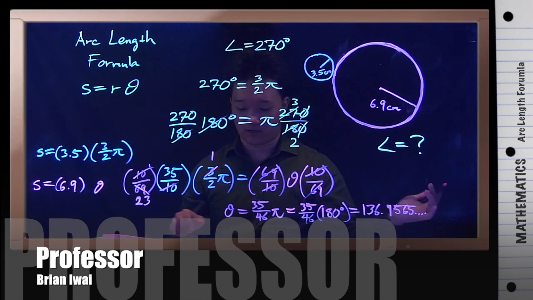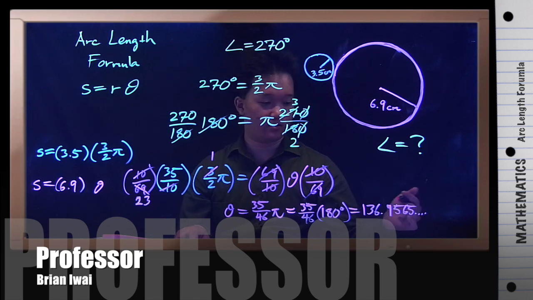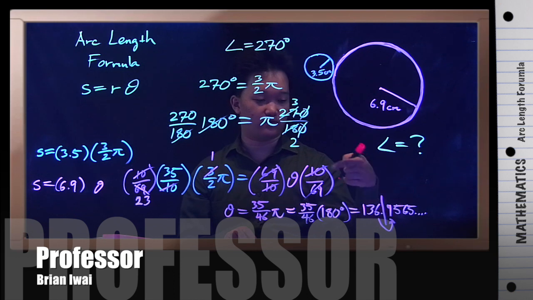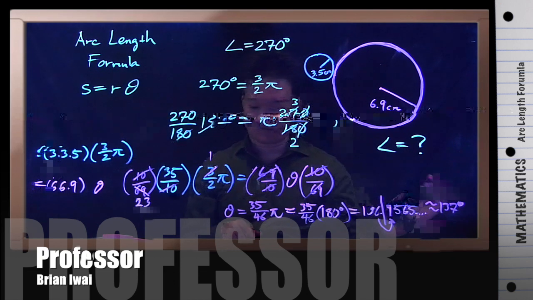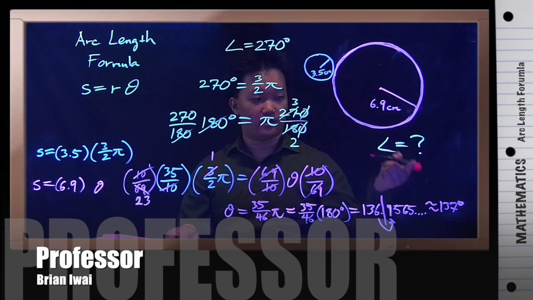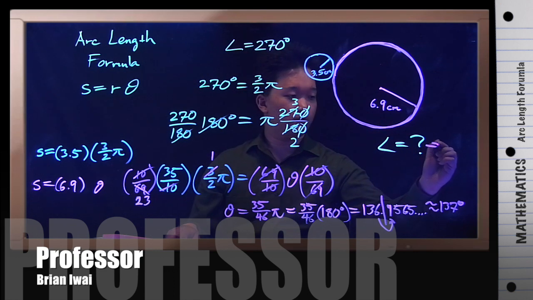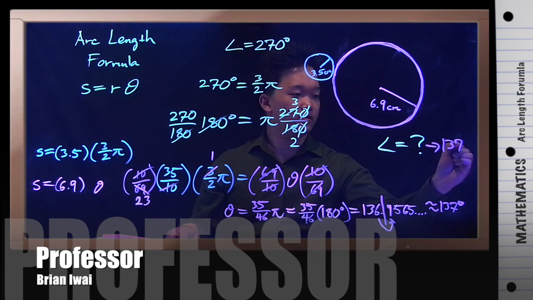We don't need the whole number because it says to round to the nearest integer. The integer would be 136, but we look at the number to the right, the 9. The 9 is bigger than 5, so the 6 rounds up by 1, so it would actually be 137 degrees. So the large gear will rotate approximately 137 degrees.